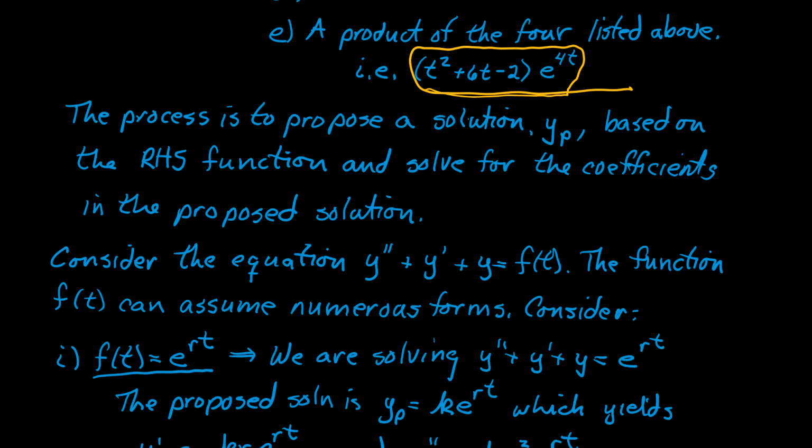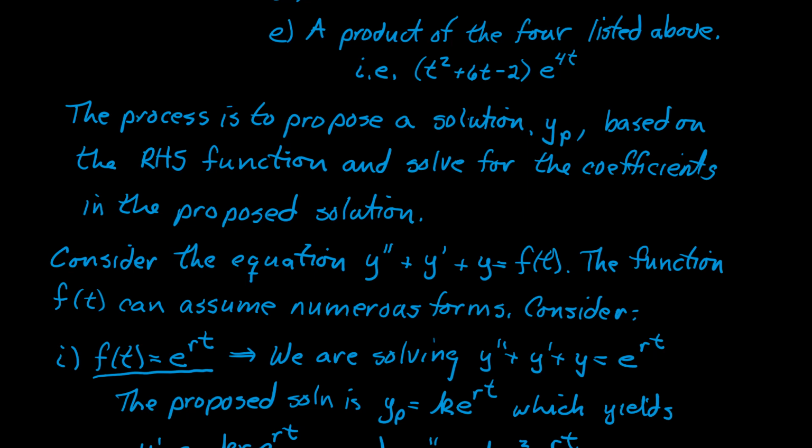And that's a product, as you can see, of two of the basic types of functions that we just talked about. We'll talk about how you deal with that when you have a product. It gets a little messy, but basically it's just chasing down values for different unknown coefficients. It's not like it's a horrible process. It just takes a little longer.